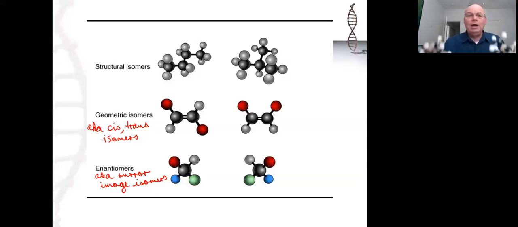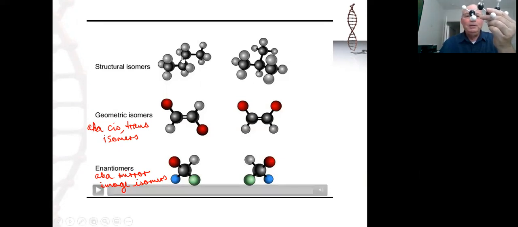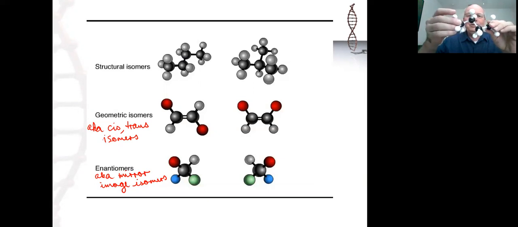So here are 2 structural isomers, and these are the ones that are actually pictured here on the screen. So this is the linear version of the molecule. So you can see this here, and I'll put the cursor on. This is the diagram of the linear version. So it has the formula C4H10.